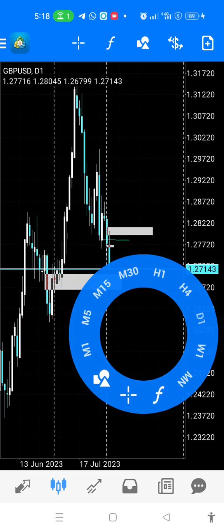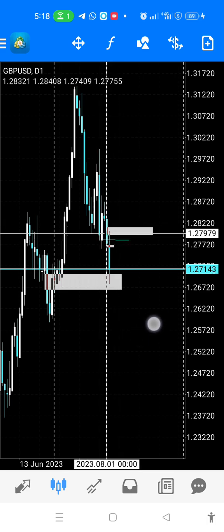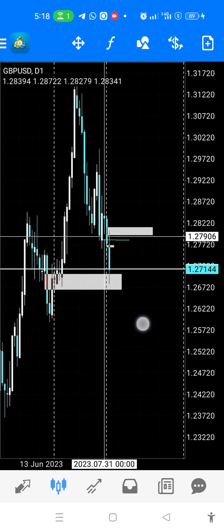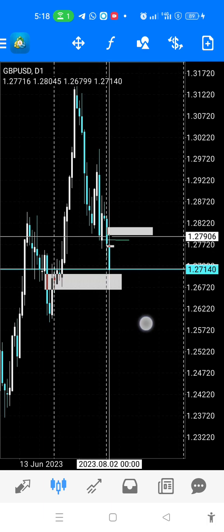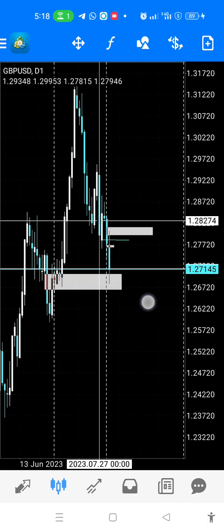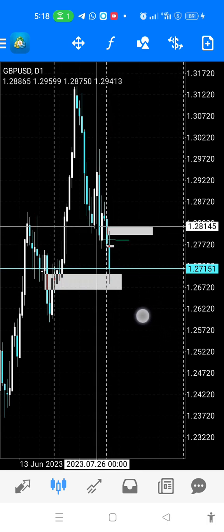For you to have a trade, before you enter any trade at all, you must have a clear draw on liquidity. That's one. The other thing is you must be entering your market from a higher time frame level.